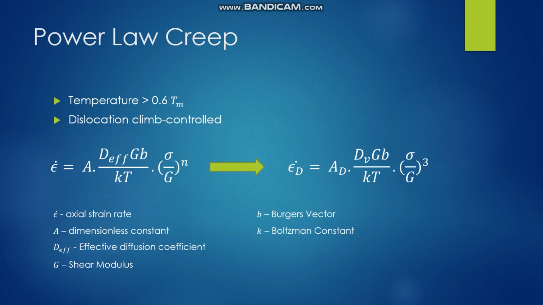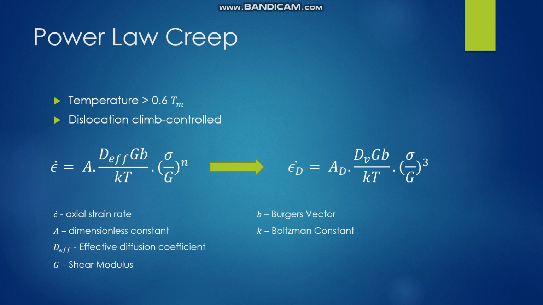Okay, now let's look at the power law creep. Power law creep, on the other hand, is different from Nabarro-Herring creep and Coble creep. It uses a completely different mechanism. In this case, power law creep is based on climb mechanism, which is basically a dislocation-based mechanism.